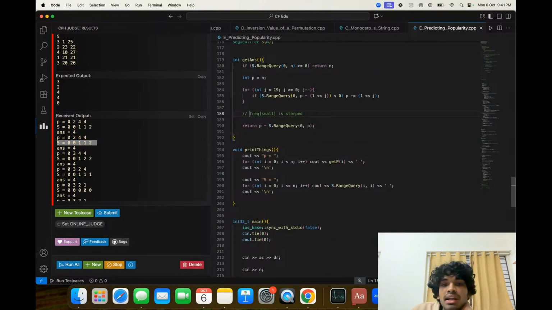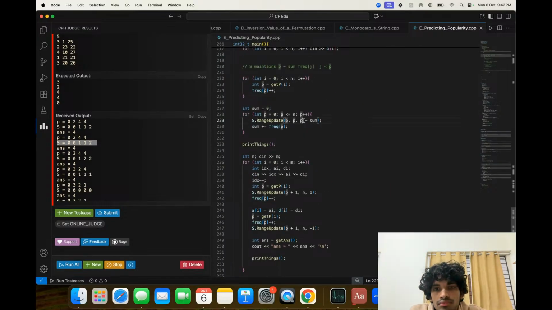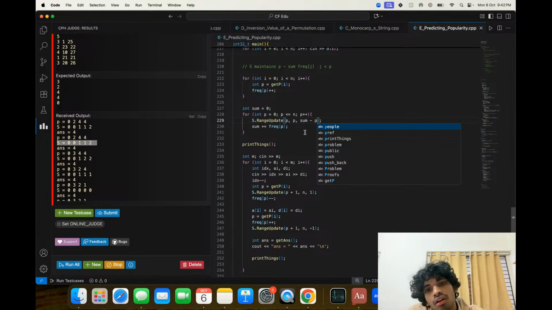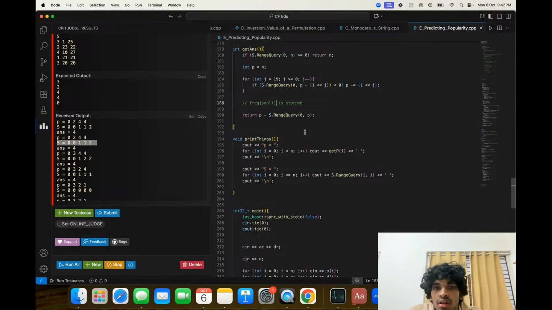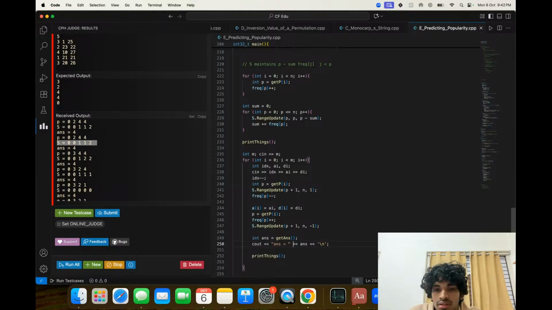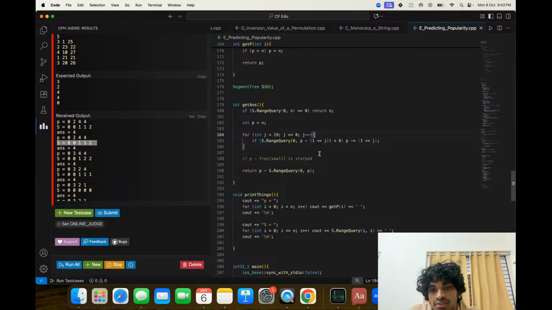It should be frequency minus p. Or if I don't change this, I should just go for minus ones.